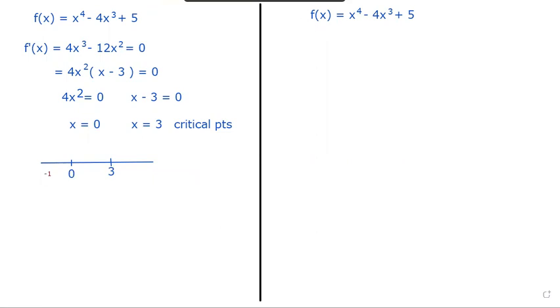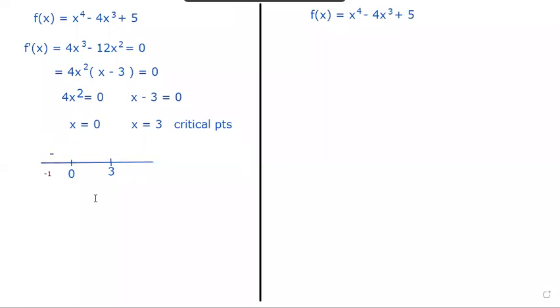Okay. Now, if I put in -1, 4x squared, 4 times -1 squared, will give me a positive number. And -1 minus 3 will give me a negative number. So a positive and a negative is going to make that a negative.